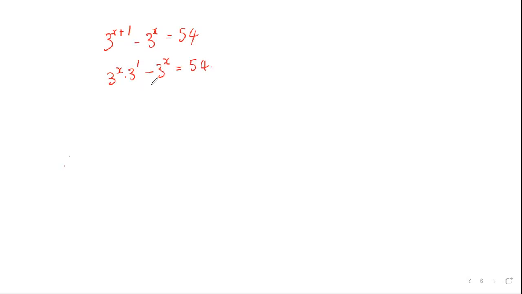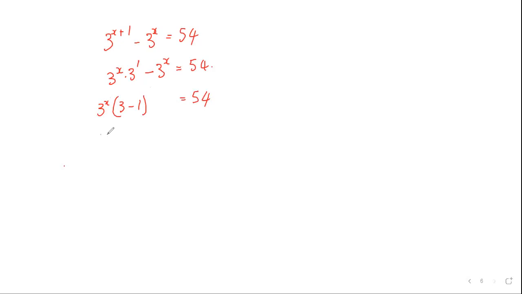Now here, 3x is common. If I multiply this by that, gives me that. 3 exponent x times 1 will be that factor there.